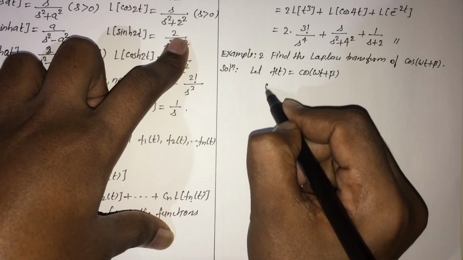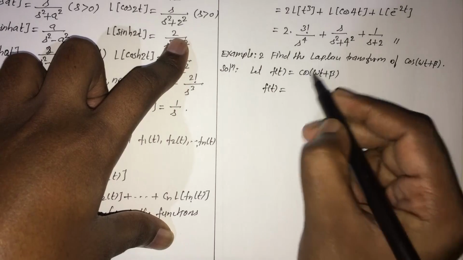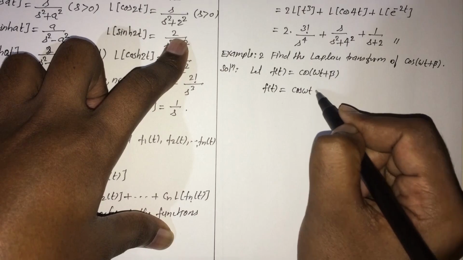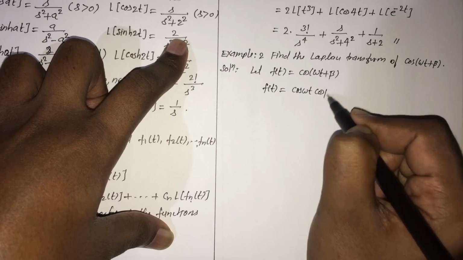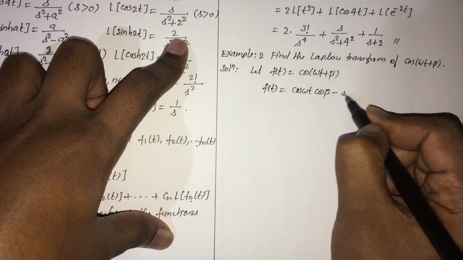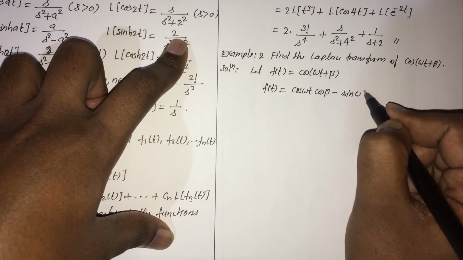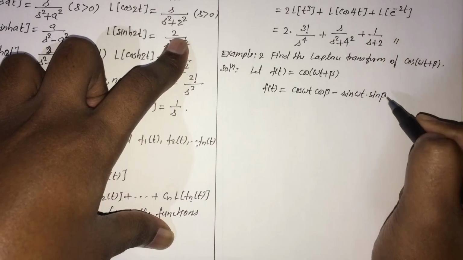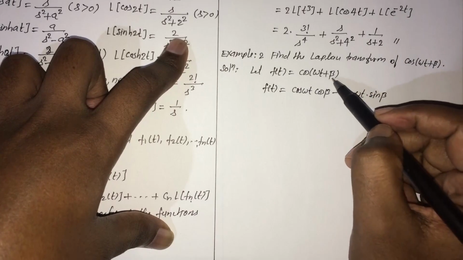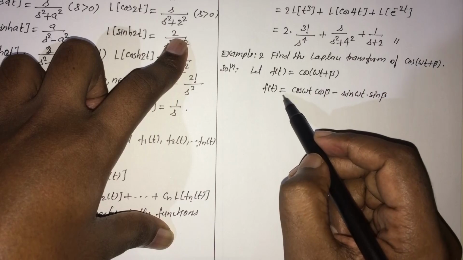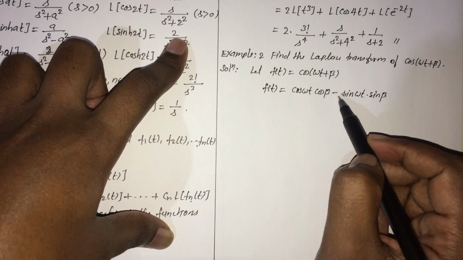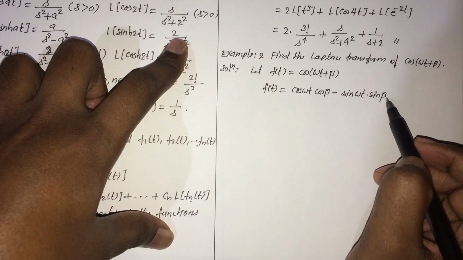So f of t equals cos a cos b minus sin a sin b. We apply the formula for cos of a plus b, so this equals cos omega t into cos beta minus sin omega t into sin beta.